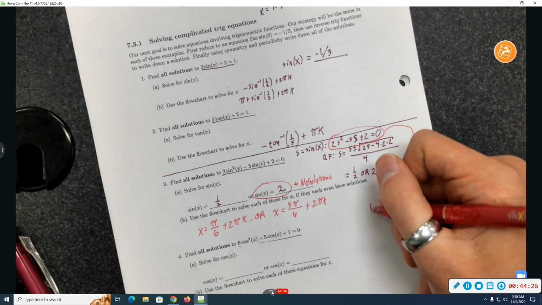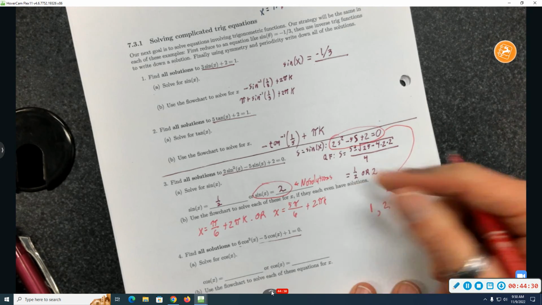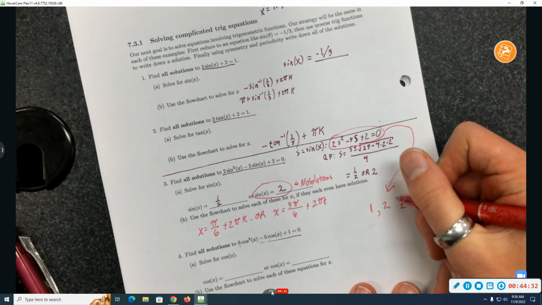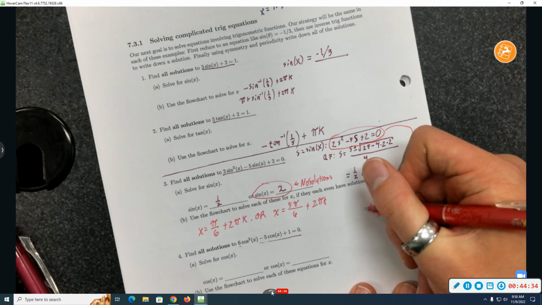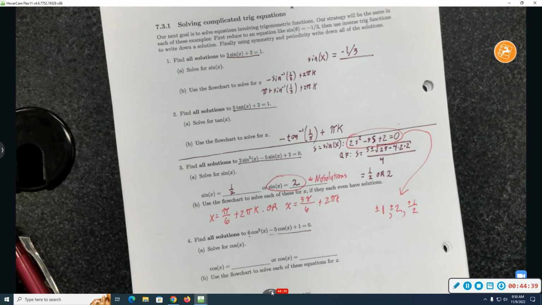So that gives me 1 or 2. Or those same things divided by 2. And then plus or minuses. You could now, if you wanted to, plug in each of these 6 numbers into that and see which one actually solves it. I guess we know in advance it'll be plus 2 and plus 1/2.